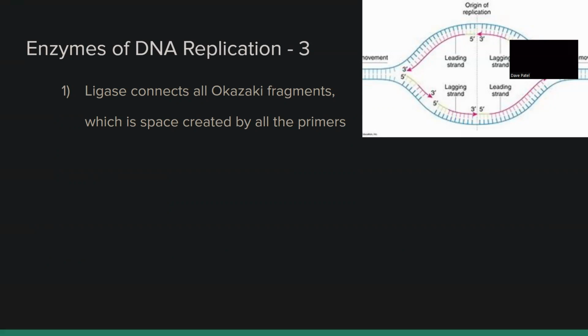Now they're Okazaki fragments, but they're still not attached together. So ligase connects the Okazaki fragments and then gets rid of the empty space. By empty space, I mean no fragments there.